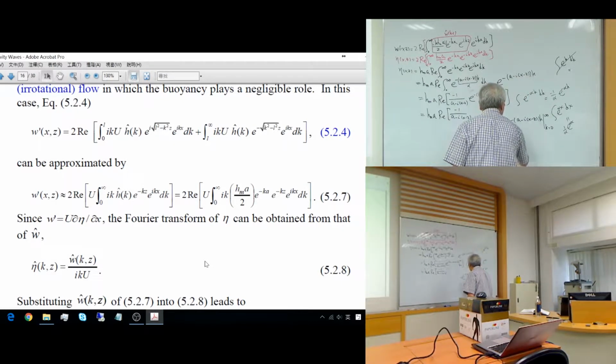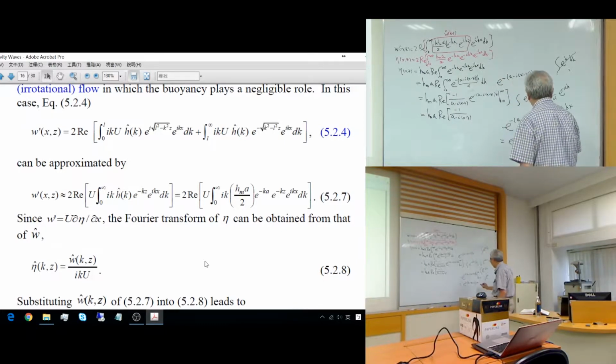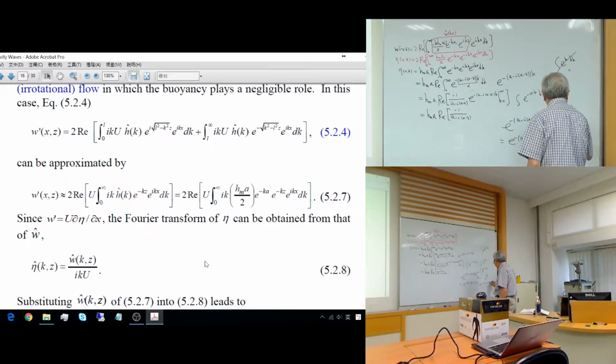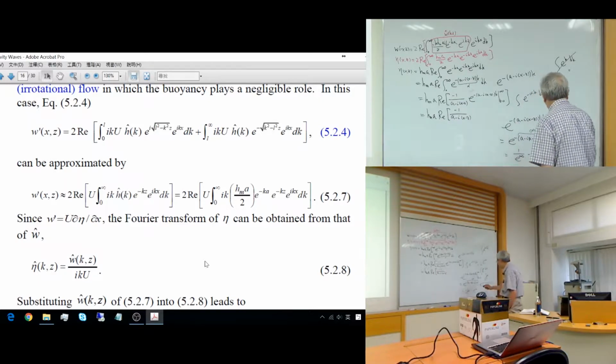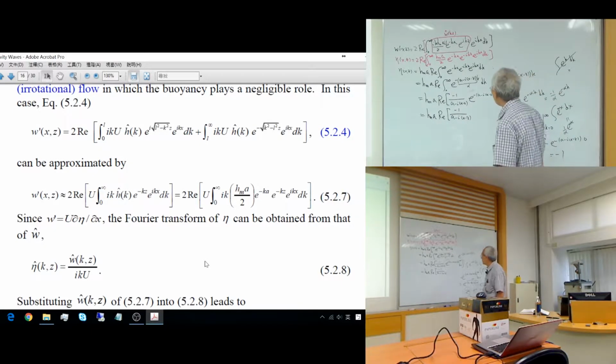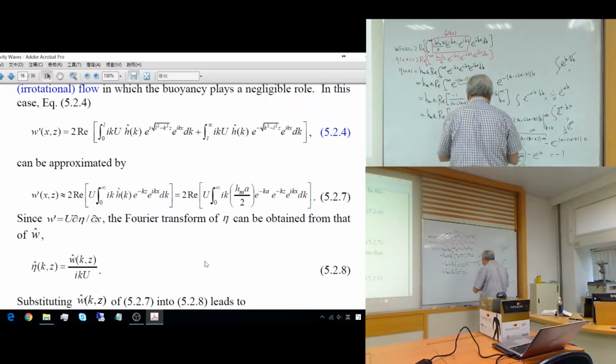This means e to the minus a minus I x minus g times infinity, minus e to the minus a minus I x minus g times 0. So this term is 1 over e to the infinity, minus e to the 0. This times 0 equals 0. This term is 0, so it's minus 1. So this term gives us minus 1.